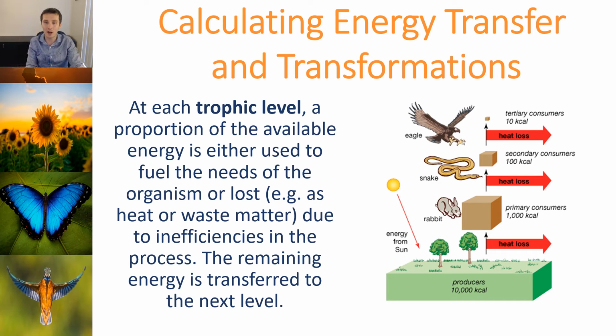The basic idea is organisms are going to lose energy via heat from metabolism and also as waste to the environment. Therefore, the amount of energy that's available at the top for tertiary consumers is nowhere near as much as was initially made, or our net primary productivity, by our producers. This is really showing your net, because obviously they have lost some energy too via respiration.